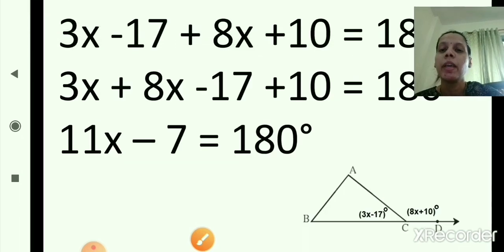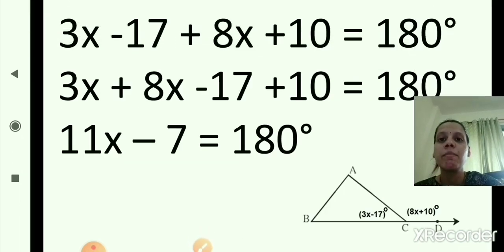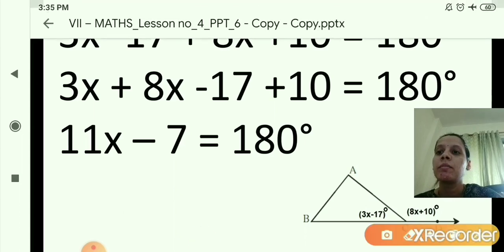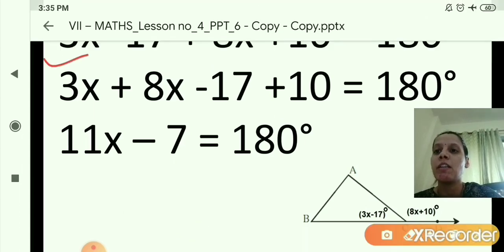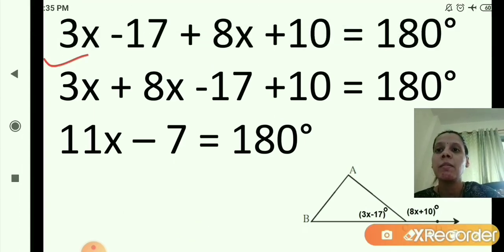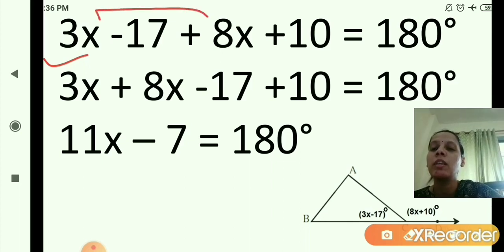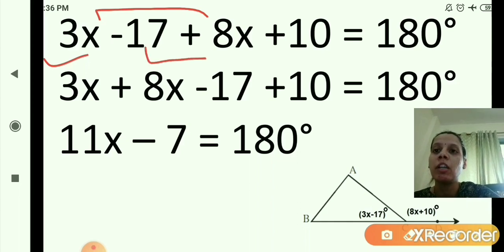Okay, in the next step, as you can see here, 3x minus 17 plus 8x plus 10 is equal to 180 degree. Now 3x, this plus 8x we will write down with this 3x, and minus 17 we will write down with plus 10, correct?